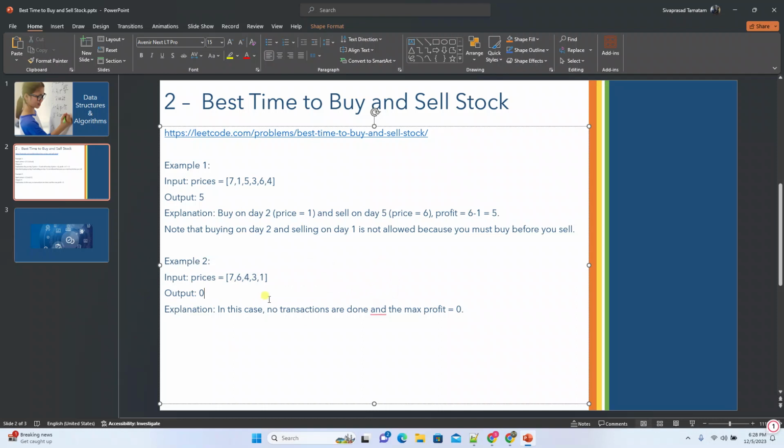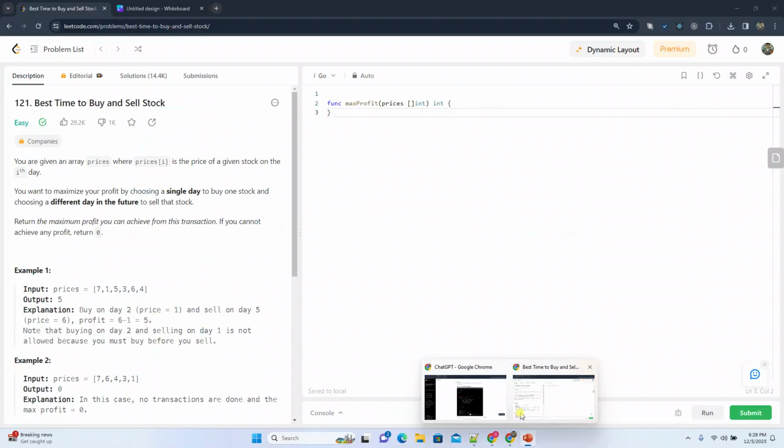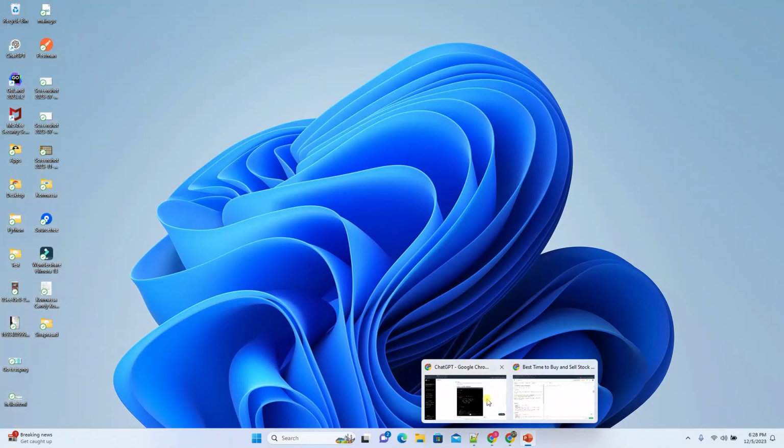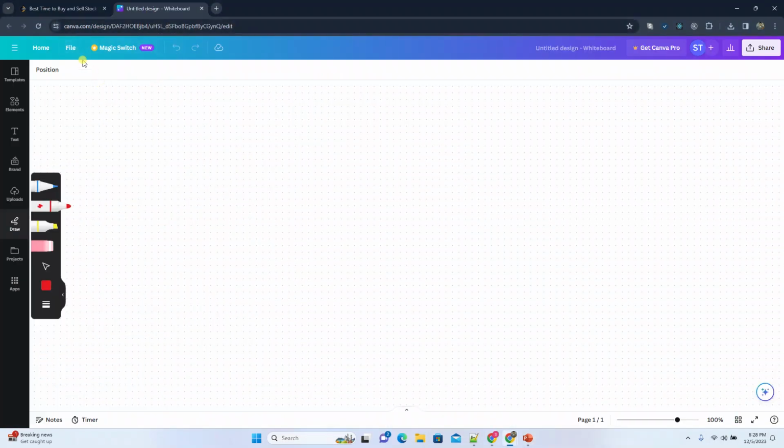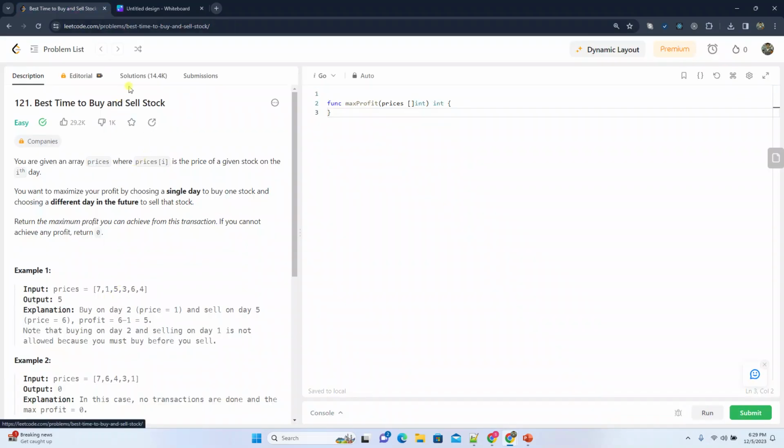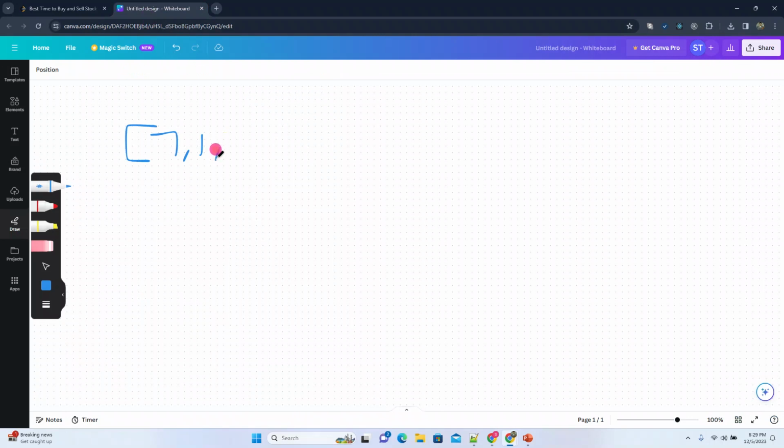So these are the examples mentioned there, and we'll try to understand with an example what kind of solutions we can find. First, let us see the inputs we have: 7, 1, 5, 3, 6, 4.